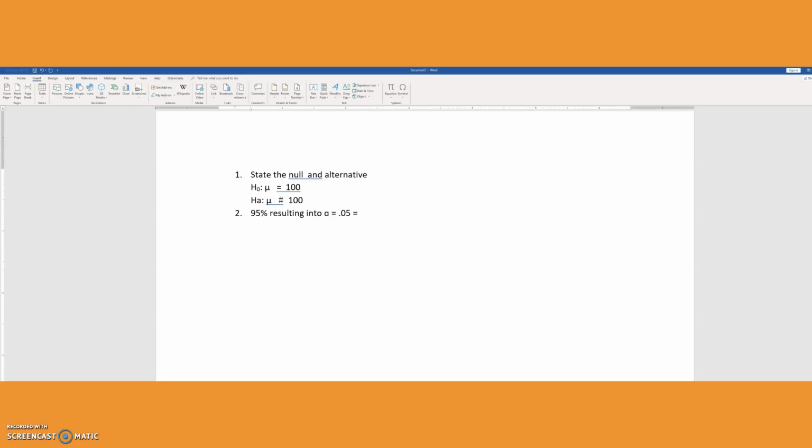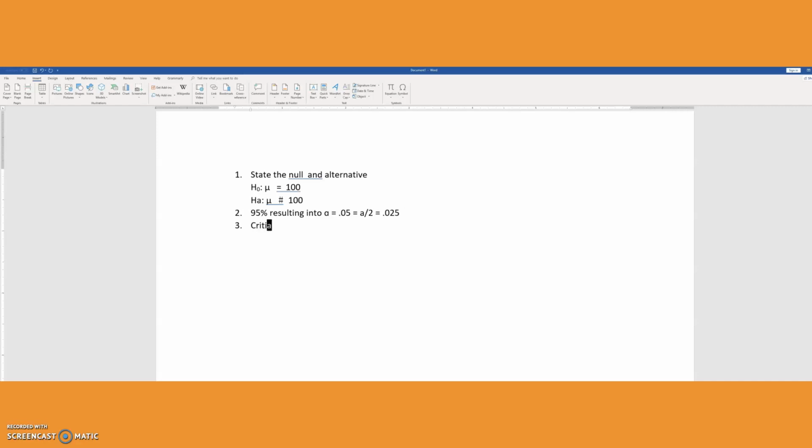But we have two tails, and we're going to get alpha divided by 2. So alpha divided by 2, basically for two tails, is going to be 0.025. So this is my alpha.